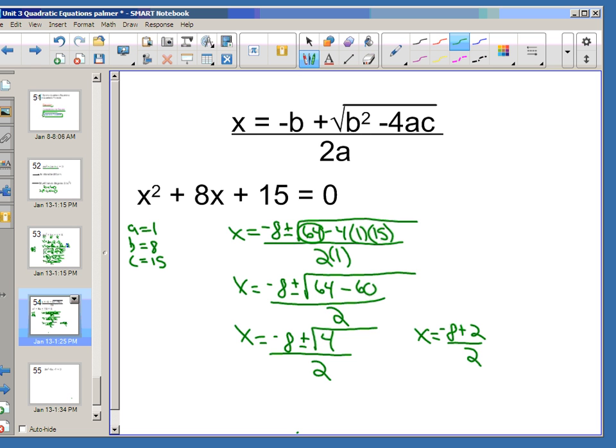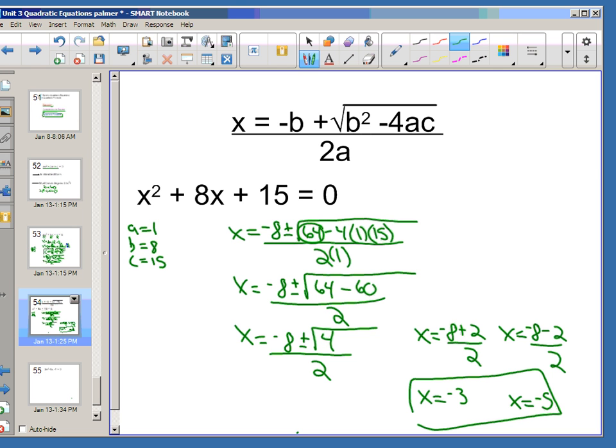And x equals negative 8 minus 2 over 2. So this gives me negative 6 over 2, which is negative 3. And it gives me negative 10 over 2, which is negative 5. So my solutions are x equals negative 3 and x equals negative 5. And that's how you use the quadratic formula to solve quadratic equations.